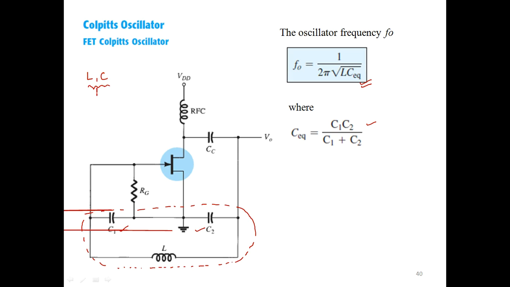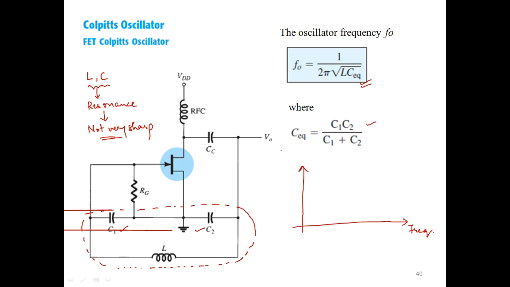Now most often the resonance which happens due to the tank circuit is not so sharp. Okay, the resonance is not very sharp. What do we mean by that, not very sharp? Let me just draw the resonance with respect to frequency.